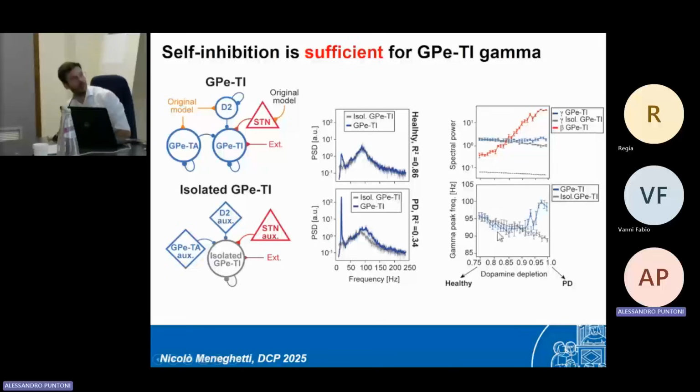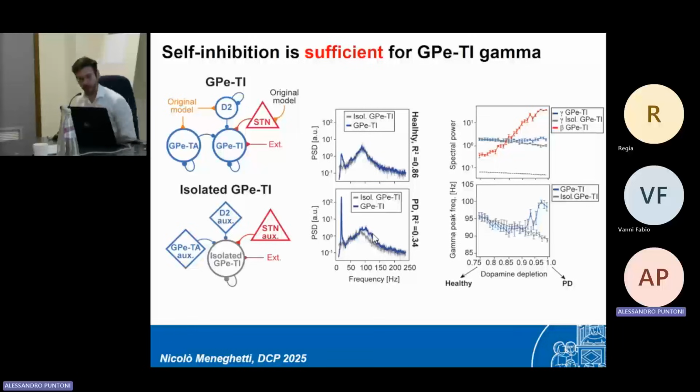In blue, you see the original nucleus that has this non-monotonic behavior, while in gray, the isolated scenario, the one in which we feed it with the Poissonian inputs, meaning that there is some difference between the two scenarios. So the gamma oscillation can be generated from the self-inhibition in the globus pallidus, but not quite exactly what we observe in the scenario in which we have all the nuclei actually connected.